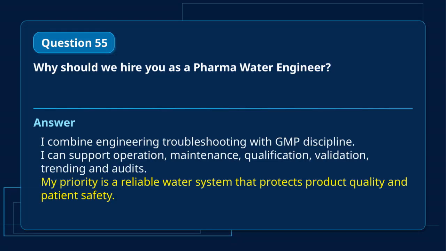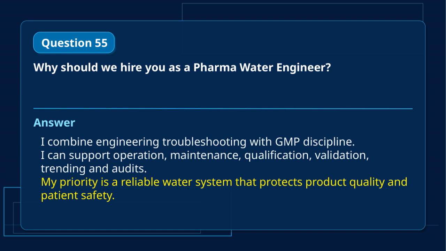When considering why you should hire me as a pharma water engineer, there are a few key points I'd like to highlight. First, I bring a strong combination of engineering troubleshooting skills and a thorough understanding of good manufacturing practices, or GMP. This means I don't just focus on the technical side. I also ensure everything complies with strict industry standards.